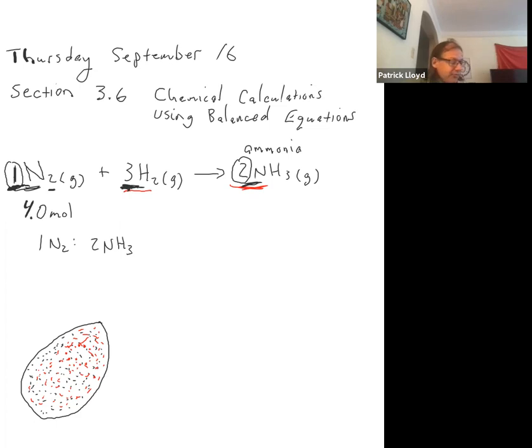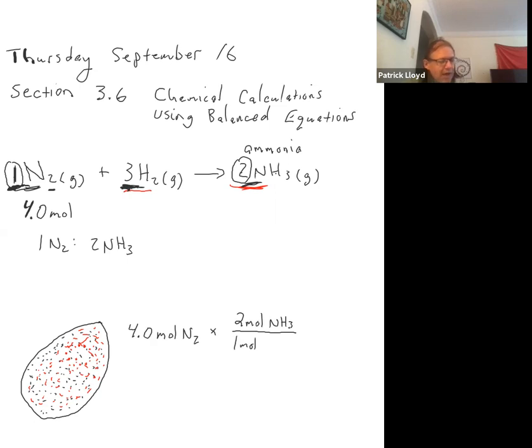So now here's what we'll do. We'll say, okay, it's 1 to 2. So I'm going to, again, take my amount of material, 4.0 moles of nitrogen. That's what's given in the beginning, okay? And then I'm going to multiply that by this ratio. And the ratio is 2 moles of ammonia for every 1 mole of nitrogen, right?